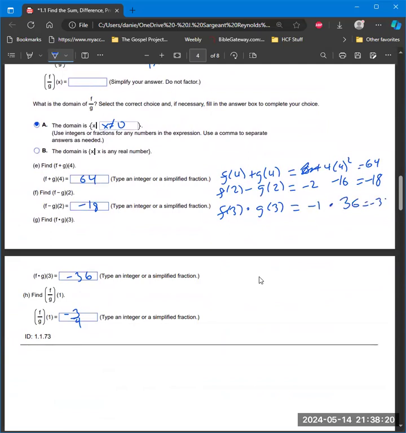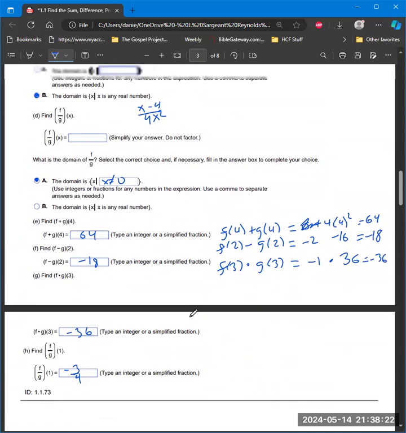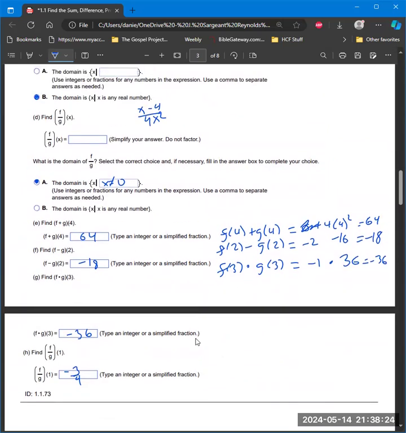That's how I got negative 36. And f of 1, come up here. That's f of 1 divided by g of 1, which was negative 3 divided by 4. And that's negative 3/4.